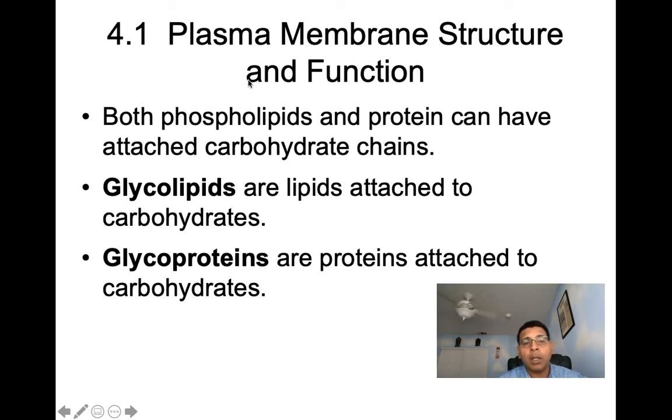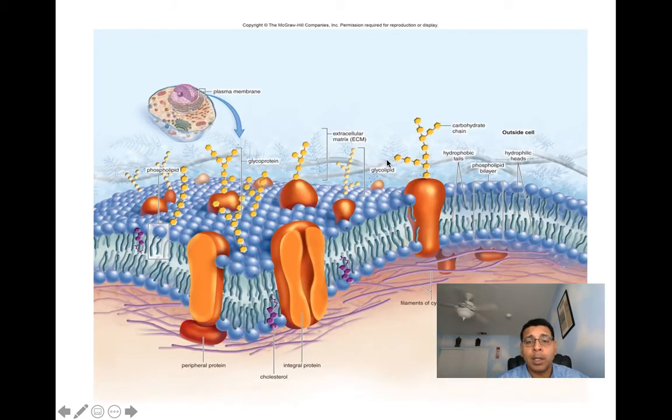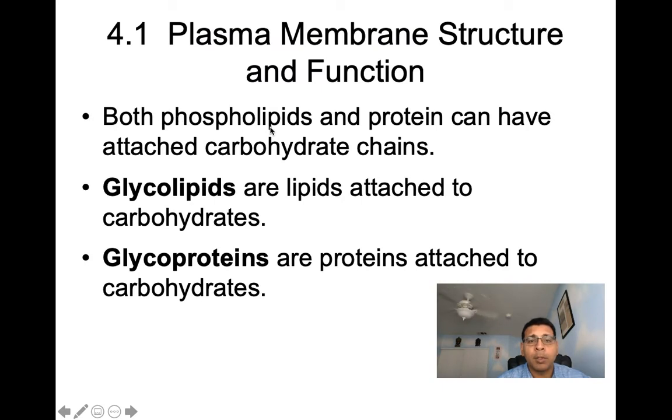We'll talk about the function of these proteins, but there's phospholipids, and proteins can have attached carbohydrate chains to them as well. You can see that right inside of here. Here's an attached carbohydrate chain to this protein, and then here you can see also to the phospholipids. So both phospholipids and proteins can have attached carbohydrate chains.